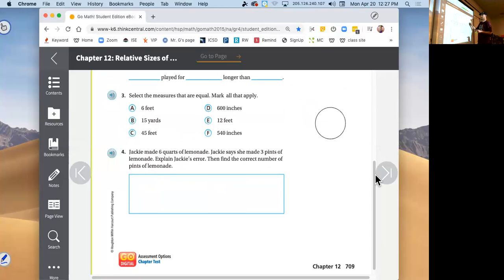So the other thing we could do, 6 feet. That's weird. Oh, some of those don't match. That's why some of them don't match. So now you've got to go into 15 yards.